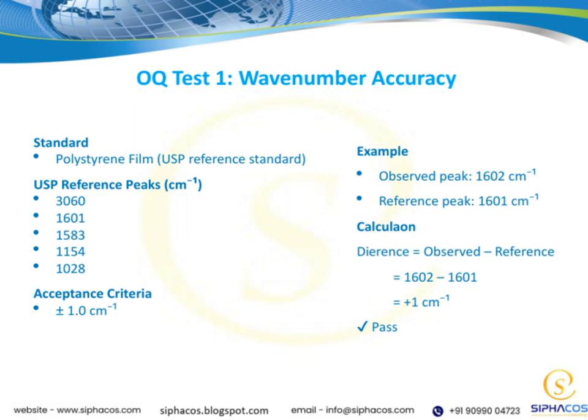To determine if this is within our acceptable range, we subtract the reference from the observed, which gives us a difference of plus 1 cm⁻¹. Since this difference is within the plus or minus 1 cm⁻¹ range, we can conclude that this measurement passes the accuracy test. This check is crucial to ensure our spectrometer is calibrated correctly and our data is reliable.